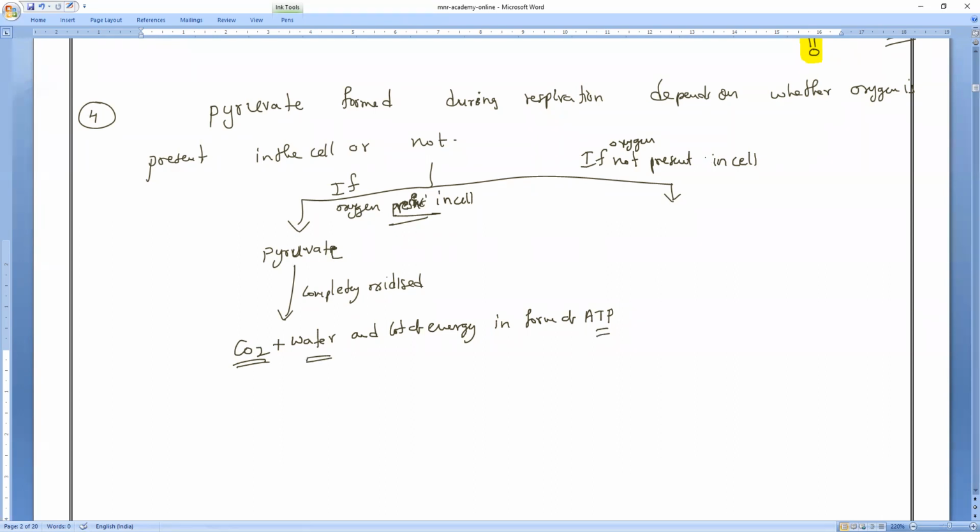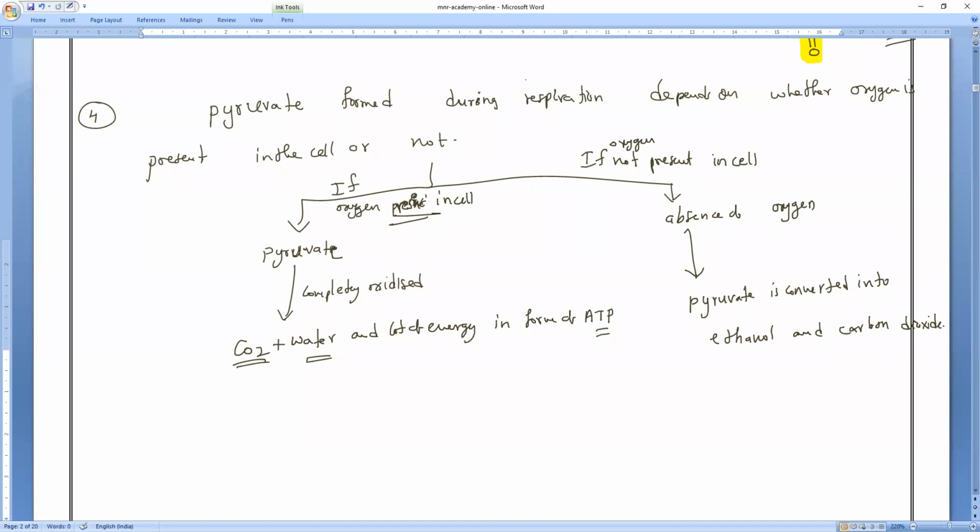If oxygen is not present in the cell, or in the absence of oxygen, then pyruvate is converted into ethanol and carbon dioxide. All of you clear?